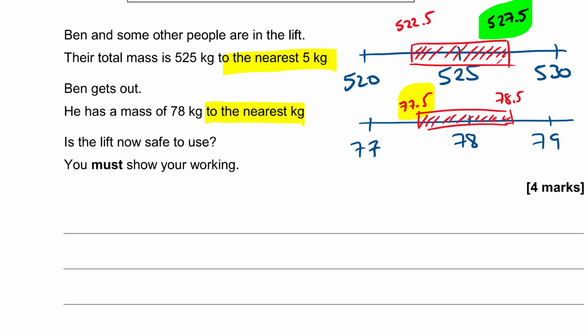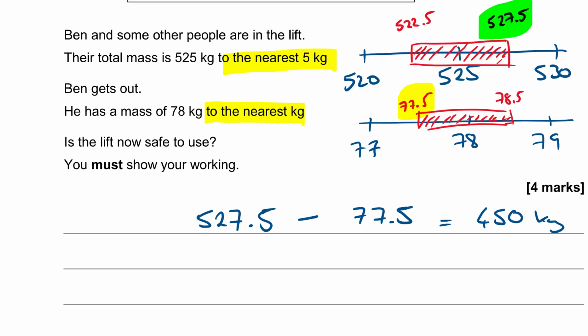So 527.5 subtract, so our heavy group subtract our light Ben. What does that give us? That gives me 450 kg exactly. Now the total mass of people must be 450 kilograms or less.